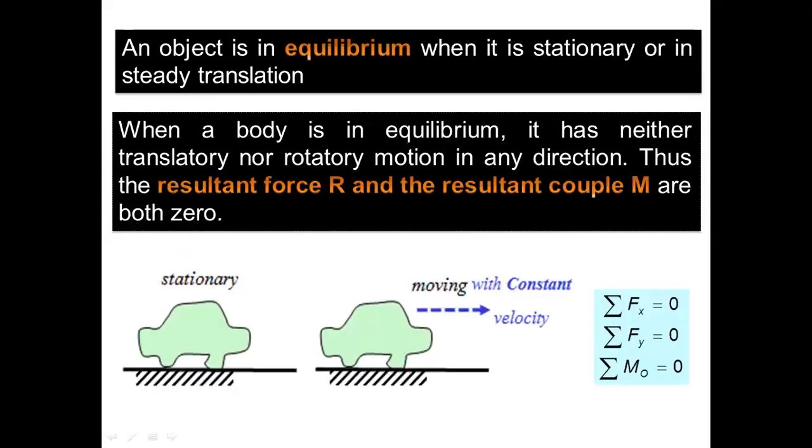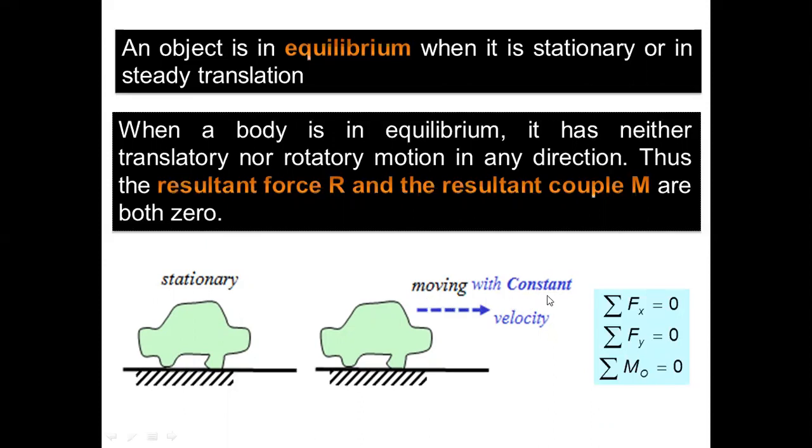First of all, what do you mean by equilibrium? An object is in equilibrium when it is stationary or in steady translation. What exactly this means is that when an object is in a state of equilibrium, it is either stationary or moving with a constant velocity.